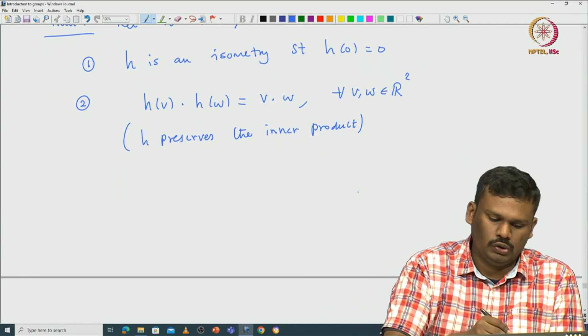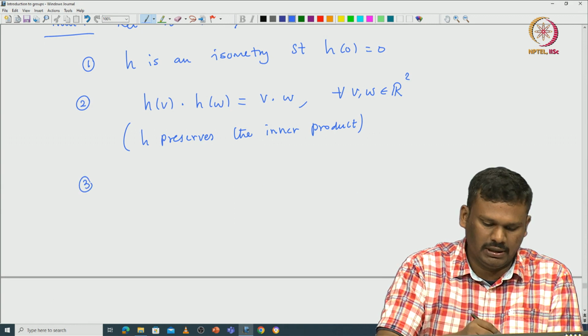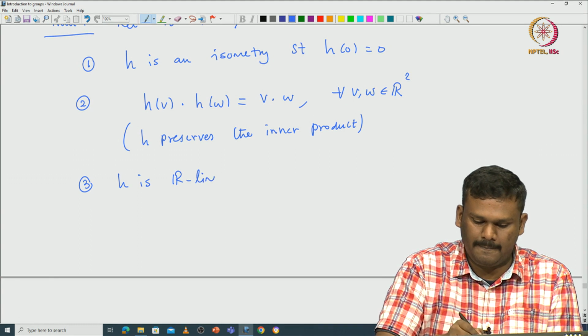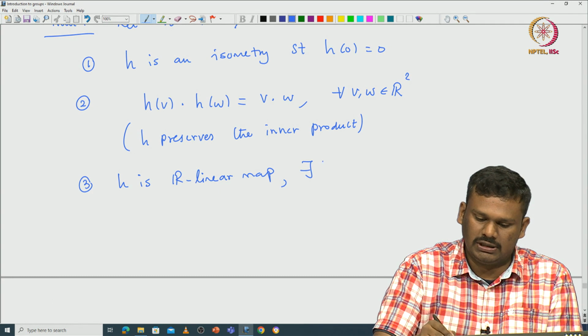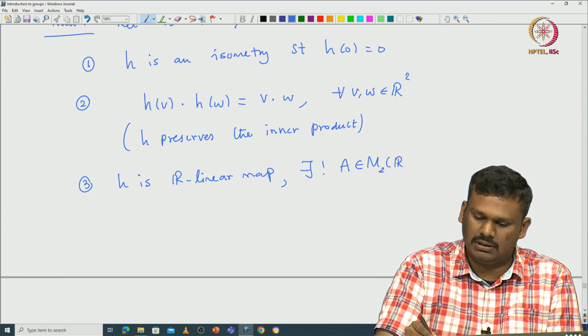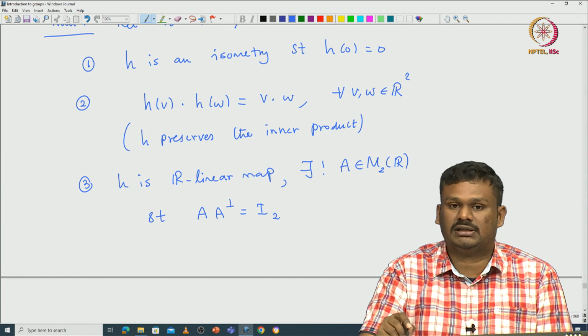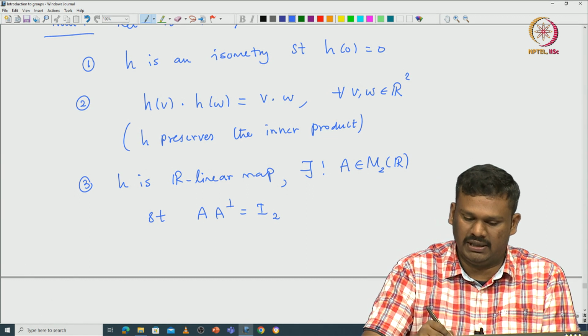Once you know that it preserves inner product, then you can prove that it is actually an R-linear map. Not only that, there exists a unique A, which is a 2 by 2 matrix such that A transpose A is identity. Such matrices are called orthogonal matrices.